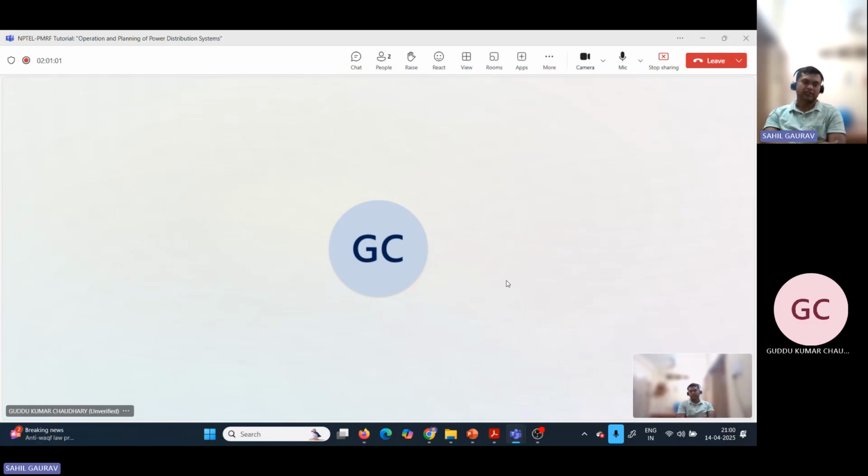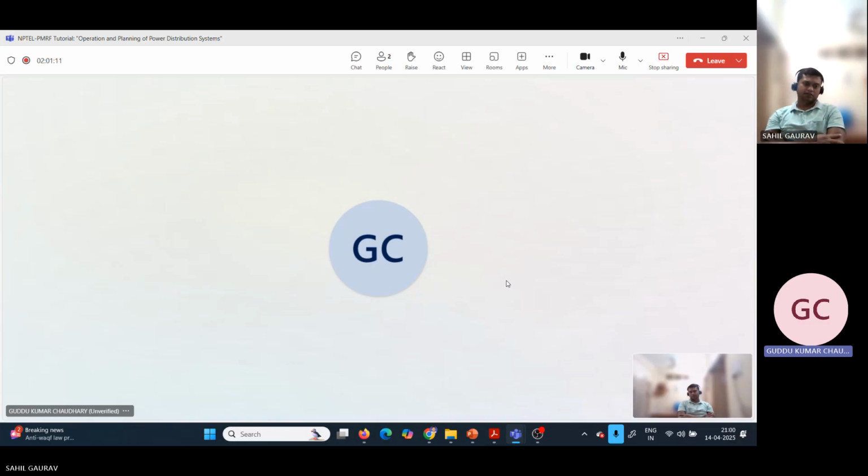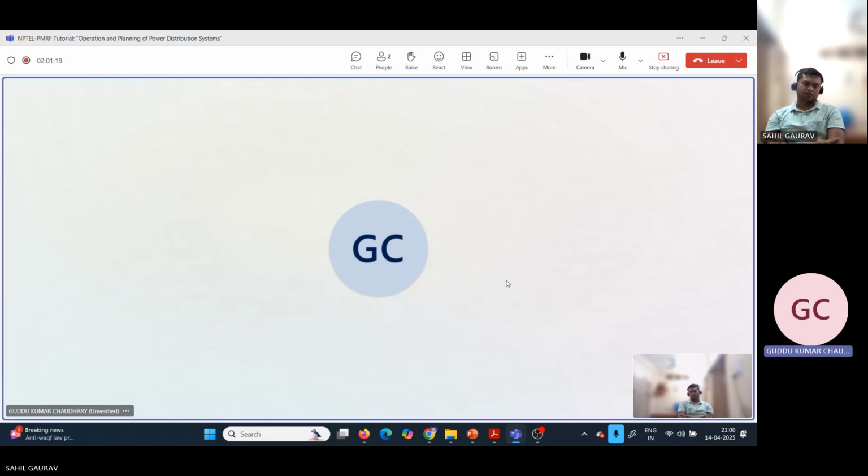Do your best, and all the best for your exam. Study the tutorials, the lectures, and the PDFs attached in the lecture notes thoroughly. Underline the important points, like numerical type questions for solving, and the formulas. That is enough.